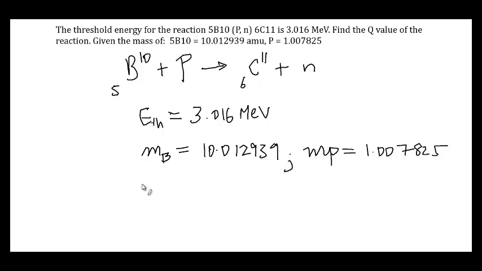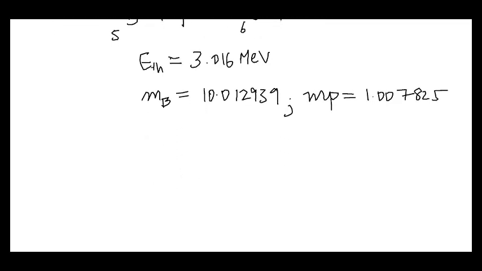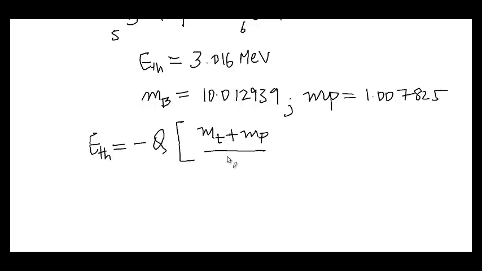Okay, so we know that the expression for the threshold energy is given as ETH is equal to minus the Q value into the mass of the target nucleus plus the mass of the projectile divided by the mass of the target nucleus.